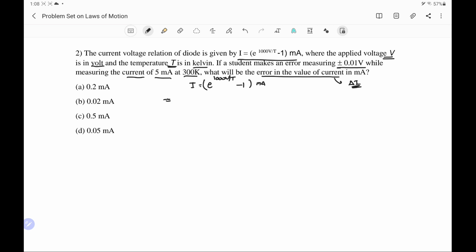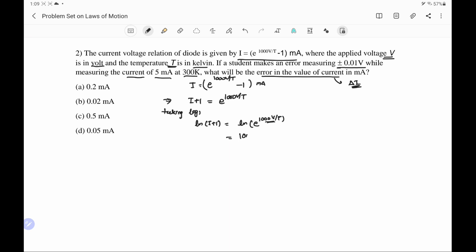For this, we rearrange this term. It is I plus 1 equal to e raised to the power 1000 V by T, and taking log on both sides, we will get log of I plus 1 equal to log of e raised to the power 1000 V by T. This is the power, so the power will be taken out of the log.